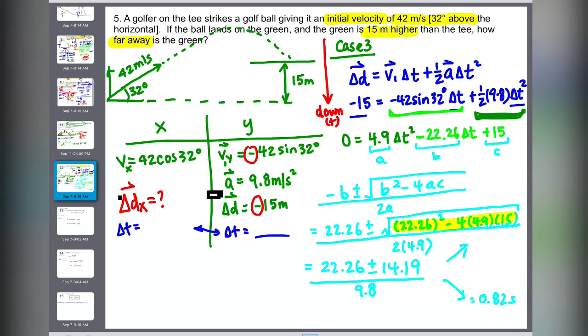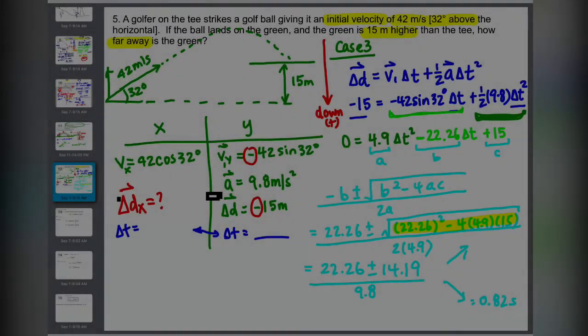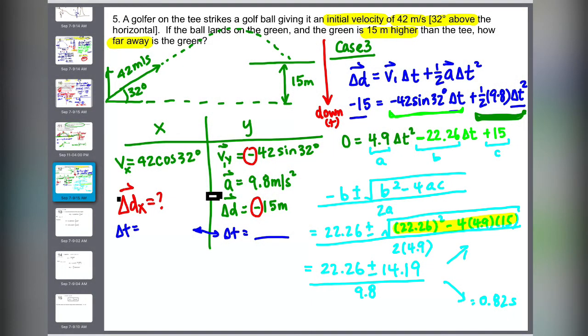Take it back. 22.26 adding 14.19 divided by 9.8. Okay, so finishing this up, sorry, I messed up my calculation before. This would work out to be 3.72.